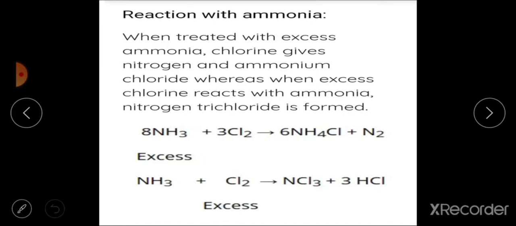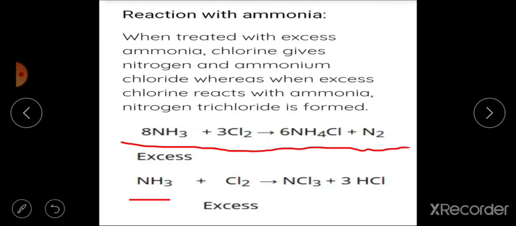You can see this reaction. 8 NH3 molecules react with 3 chlorine molecules to form 6 NH4Cl, ammonium chloride, plus N2 gas. Then excess of chlorine reacts with ammonia to form NCl3, that is nitrogen trichloride, which is explosive, plus 3 HCl molecules.